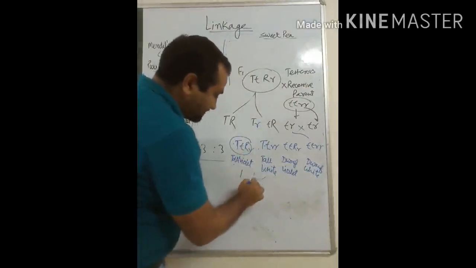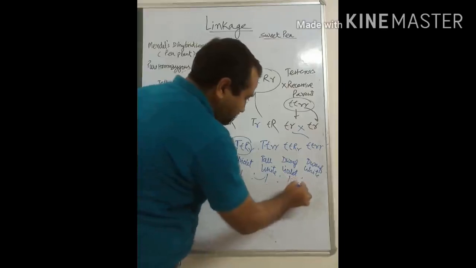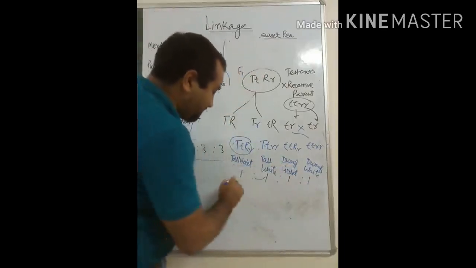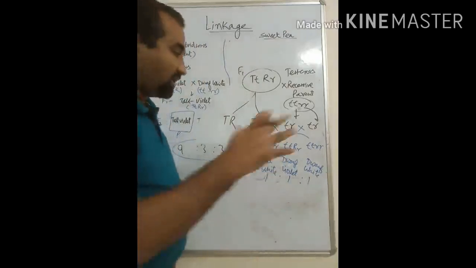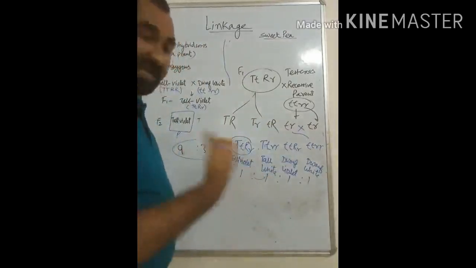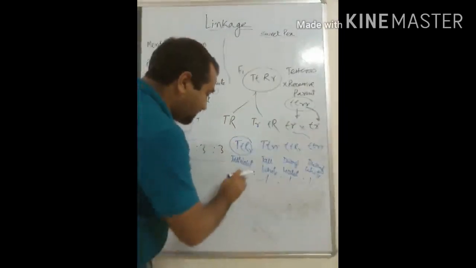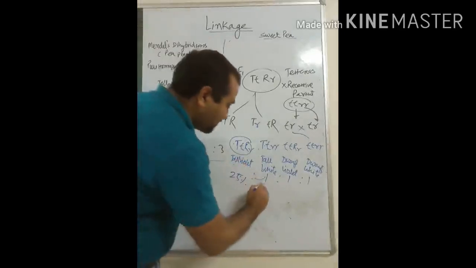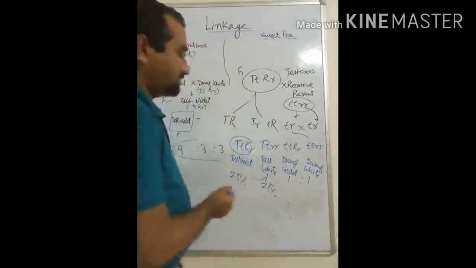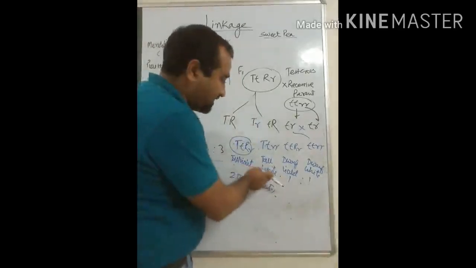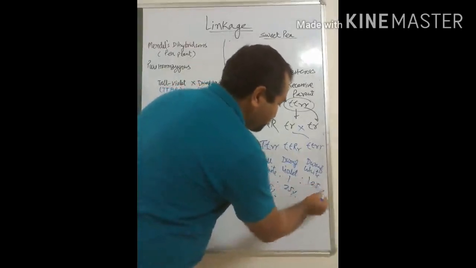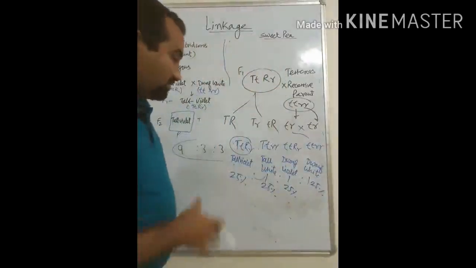So here every phenotype expresses, and their ratio of expression is 1:1:1:1. It means every phenotype has an equal chance of expressing itself, and the equal chance is 25% for this, 25% for this recombinant, 25% for this recombinant, and 25% for this parental phenotype.